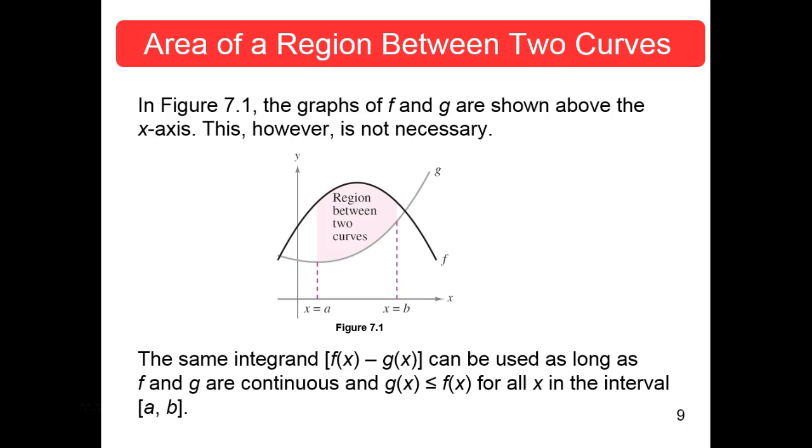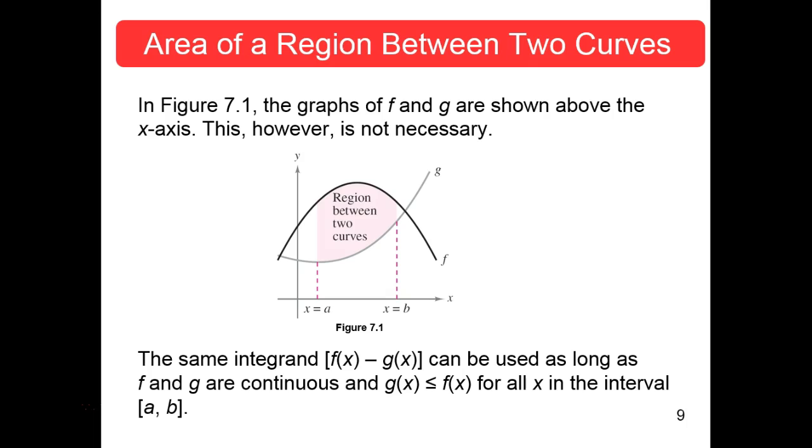All right. And this figure, 7.1, is very similar to what we saw before, almost identical, maybe identical. The graphs of f and g are shown above the x-axis.